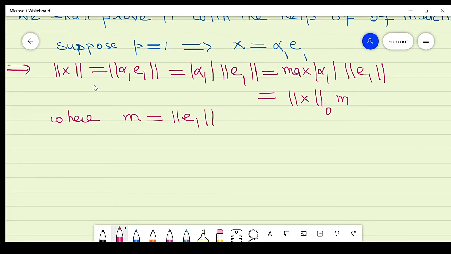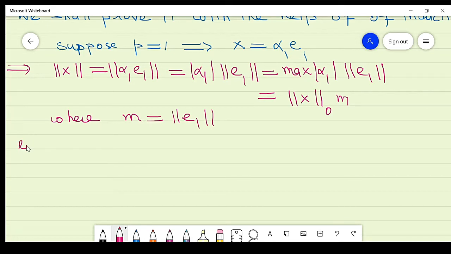So we proved the first result. The result is true for p equal to 1. Here equality is applicable, not less than, so our result is true.